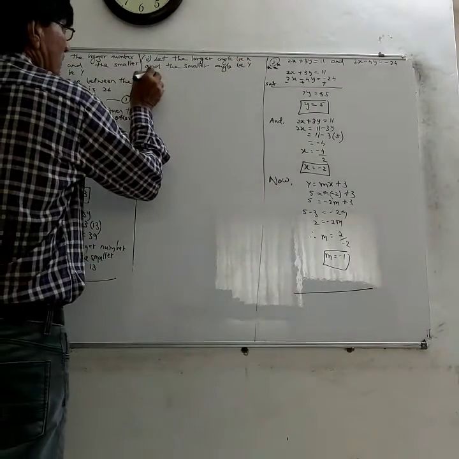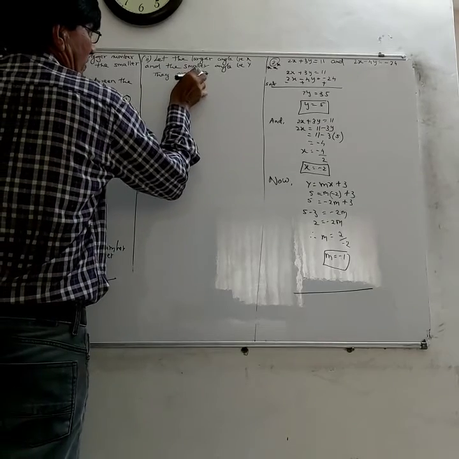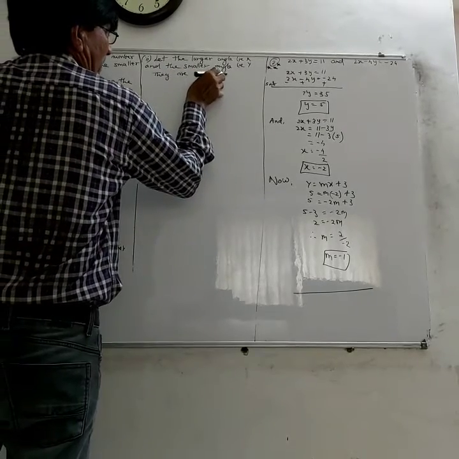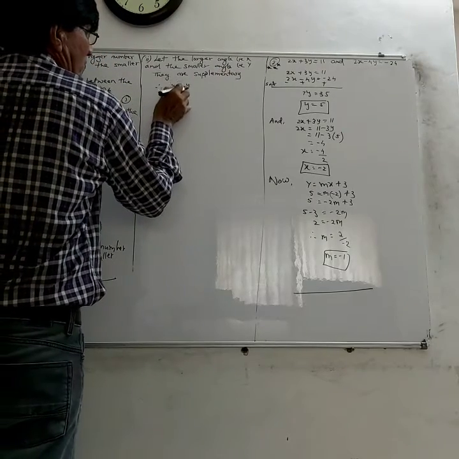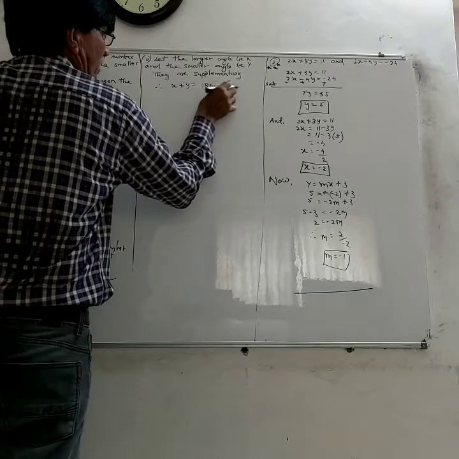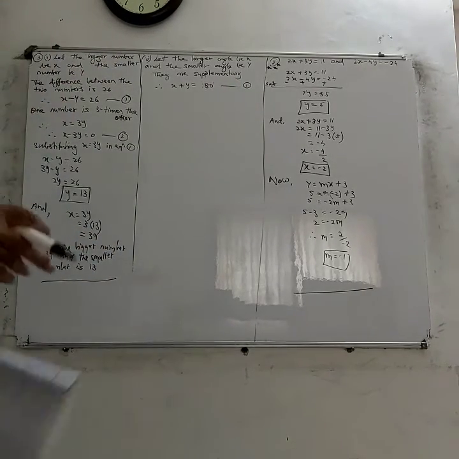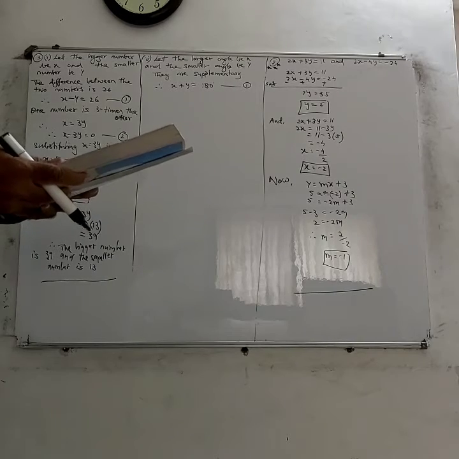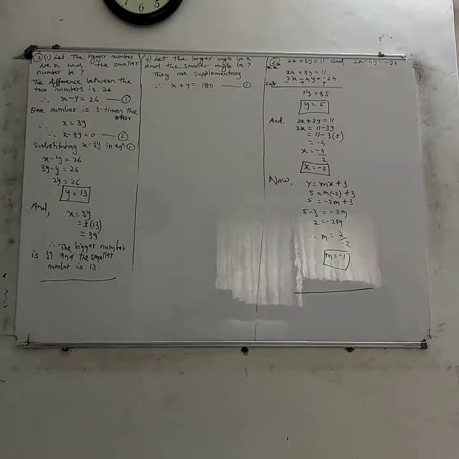Okay. They are supplementary. It is given, therefore x plus y is equal to 180 degrees. Two angles are supplementary if the total is equal to 180. And the larger of the two supplementary angles exceeds the smaller by 18 degrees.